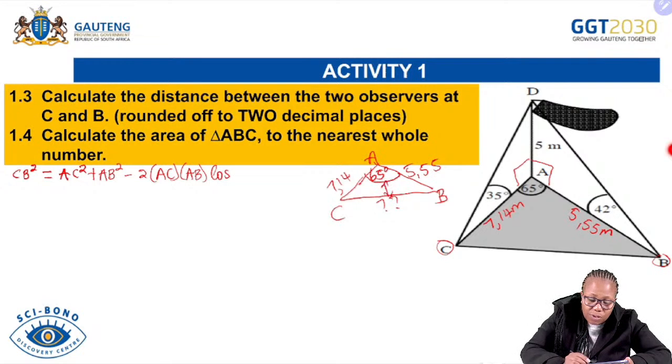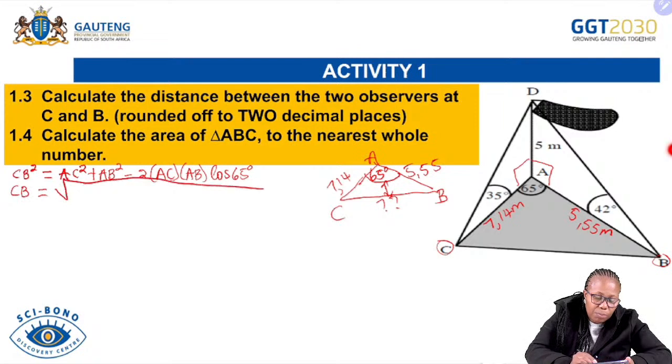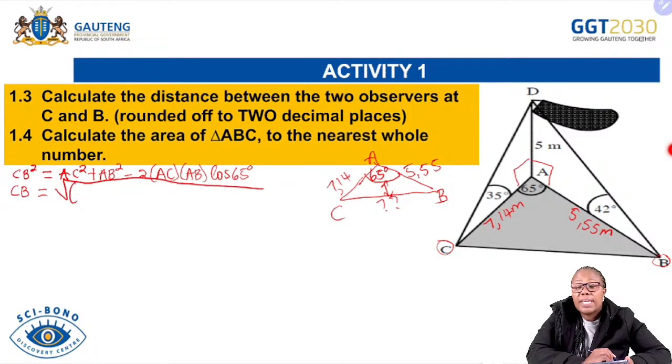Can you see that? We are talking about the angle of 65 degrees. And then let's start substituting. Remember, this side will lose an exponent, and this one will gain a square root sign, positive only, okay? And then AC is how much? 7,14 squared plus the AB is how much?